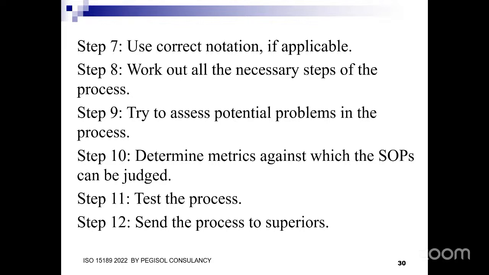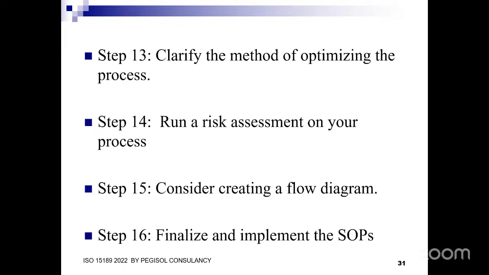Then you send it to your superiors, whoever is in charge, to look at it, and you can test run it before you finally approve. Before then, you have to clarify the method, optimizing the process. Run a risk assessment on your SOP. Consider creating a flow diagram, if possible. You can now finalize and implement the SOPs.